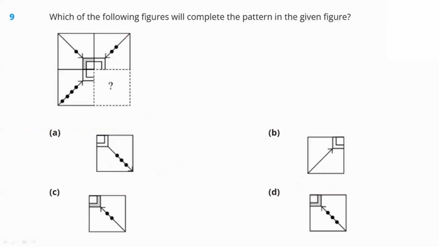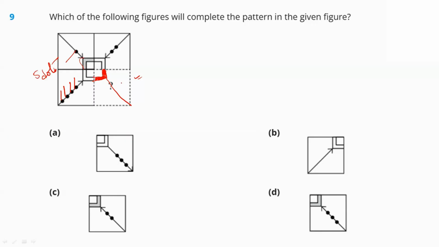Next, which of the following figures will complete the pattern in the given figure? Here you have a pattern, and you have to find the pattern in the missing box. Look at this carefully. There's a shaded part here, so this also should be a shaded part. Now there is a line from the shaded part going to this corner. If you add these dots, 1, 2, 3, 4, and add it with this, you have a total of 5 dots present here.